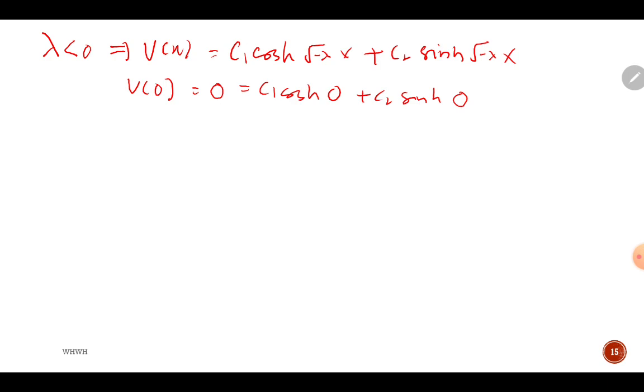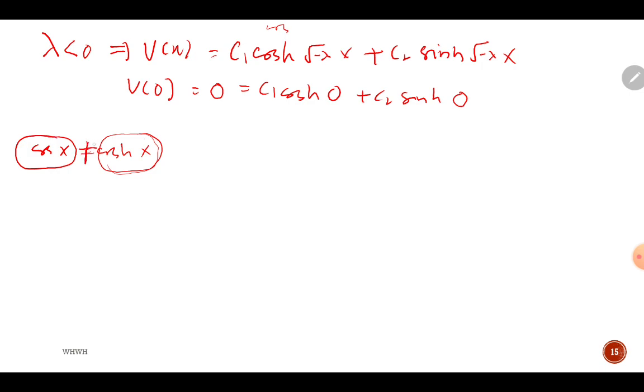Okay, sinh dengan cosh, jangan keliru dengan cos and sin. Cosh x dengan sinh, cosh x is different. This cosh ni is a hyperbolic function, yang ni trigonometric function, is not the same.